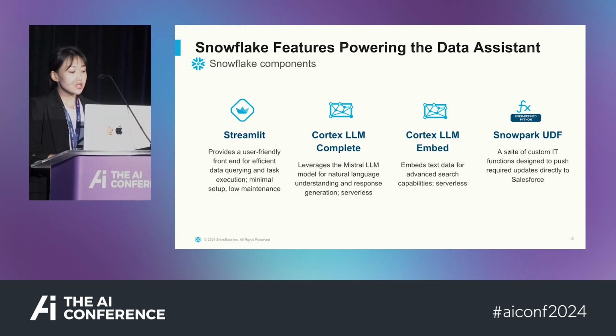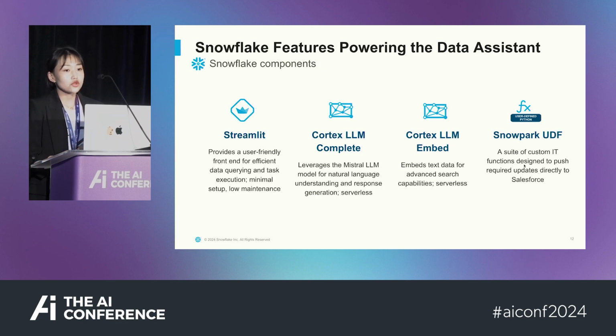And the last Snowflake component is Snowpark UDF. UDF stands for User-Defined Function. What Snowpark UDF does is allow us to create and run custom Python code inside of Snowflake. Maybe some of you know you can write SQL in Snowflake, but by using UDF, you can write Python in Snowflake.